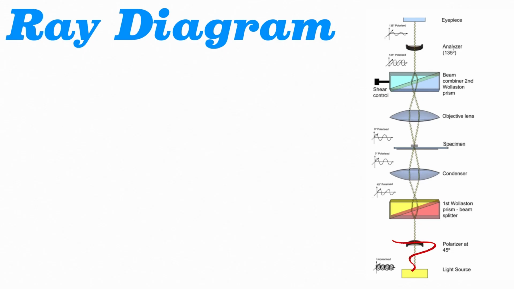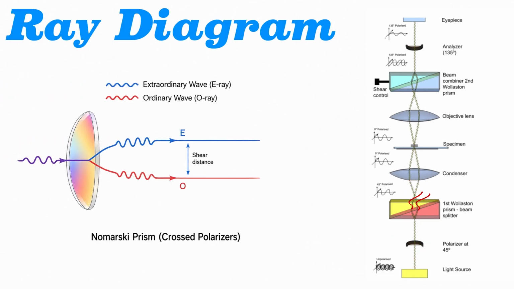A Wollaston prism is a special crystal prism that splits a single beam of polarized light into two separate beams. Inside this prism, the polarized light is divided into two coherent light beams called the ordinary ray, or O ray, and the extraordinary ray, or E ray. Coherent light beams mean light beams that originate from the same source and maintain a constant phase relationship while traveling.